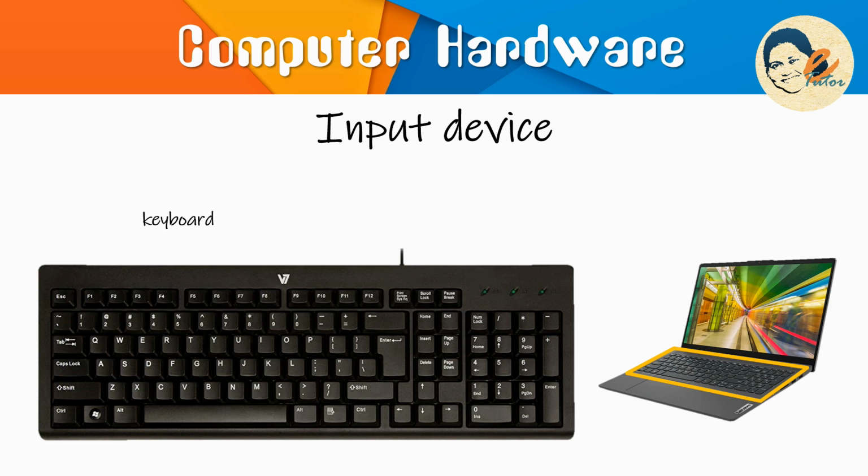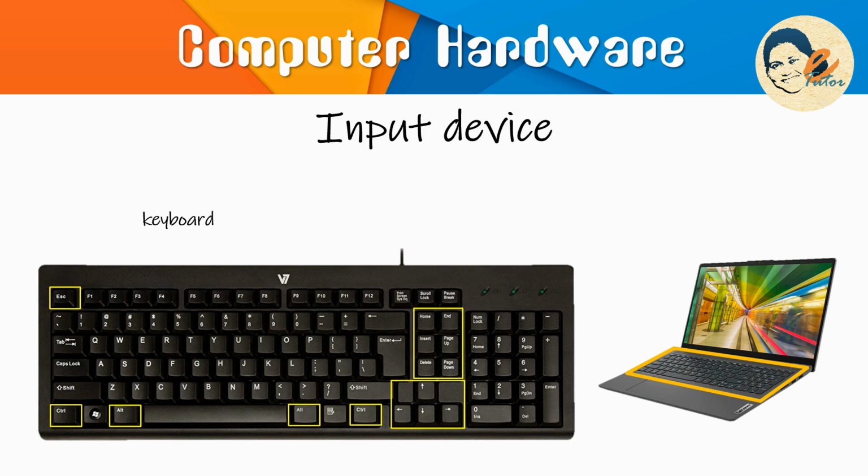There are different types of keys that exist in a keyboard. Typing keys: alphabet keys, that is A to Z, and number keys, that is 0 to 9. Function keys: a standard keyboard has 12 function keys from F1 to F12 that are used for specific purposes.